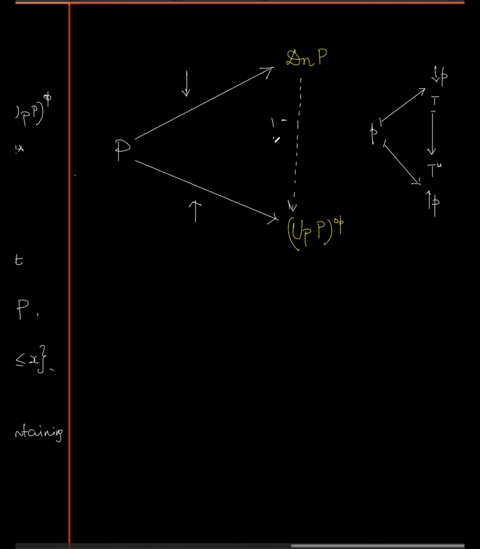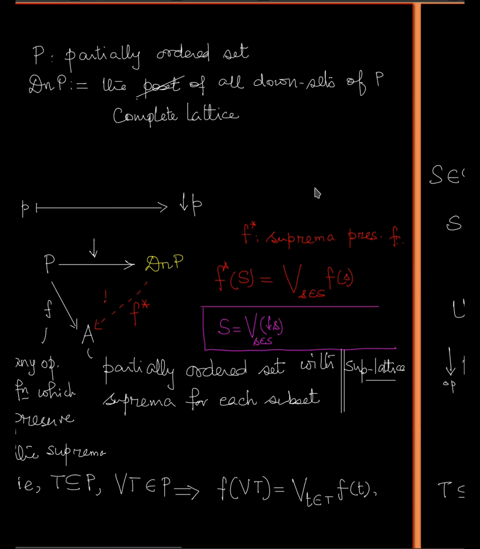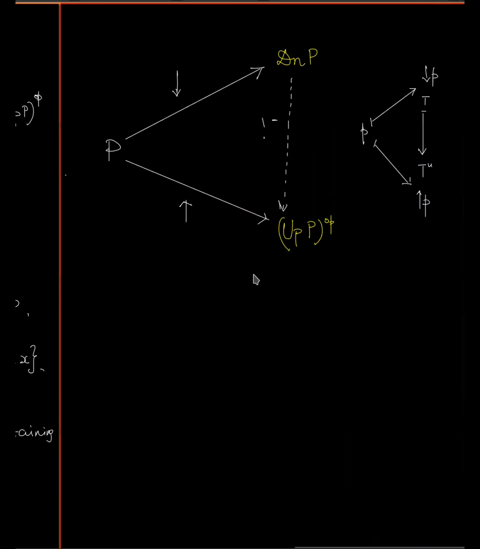So this unique map, this formula will give you the set of upper bounds of T. Obviously, the upper bound of T is an upper set. If you have an upper bound, anything bigger than that is also an upper bound.